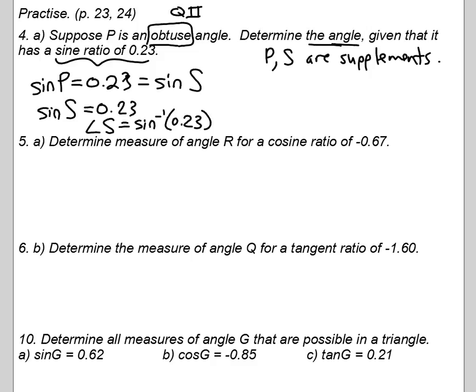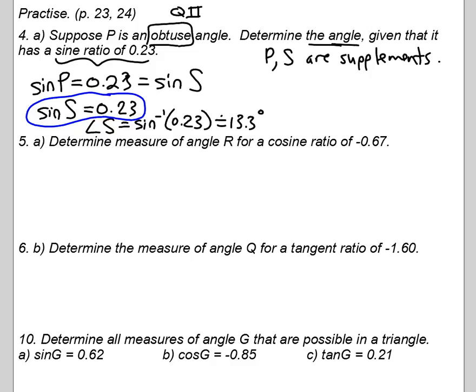Well, you're going to get 13.3 degrees. Now what you need to prepare yourself for is that the calculator doesn't understand the problem. What it does understand is that a sine ratio of 0.23 has an acute angle of 13.3 degrees. Now in this case, it worked out for us because we knew that P was obtuse.